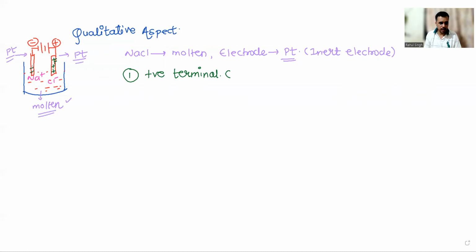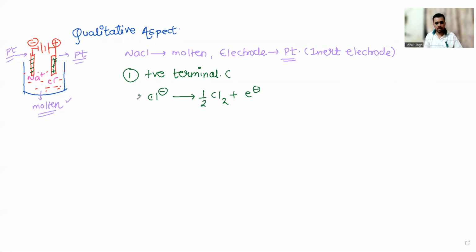Negative ions will go to the positive terminal. Chlorine will go there and leave its electron, so Cl gives one electron and we get half Cl2 gas. Why am I writing half? Just to balance the equation.